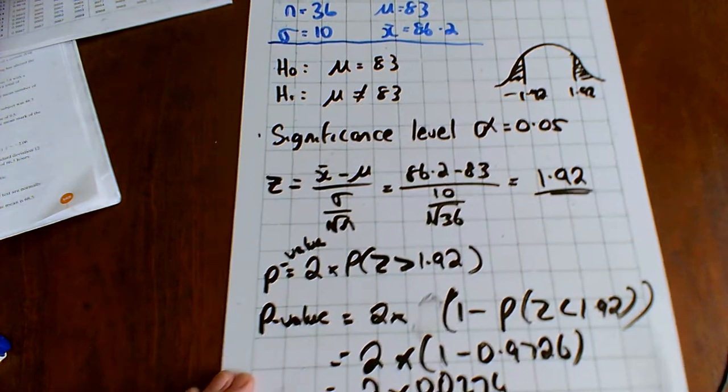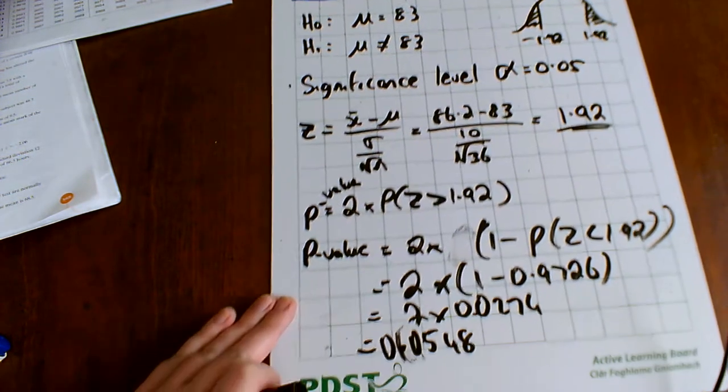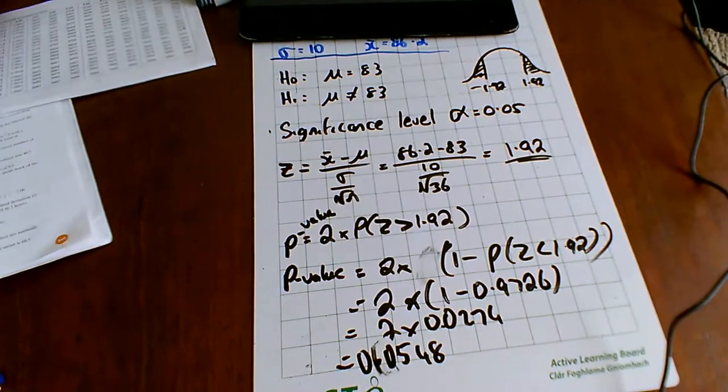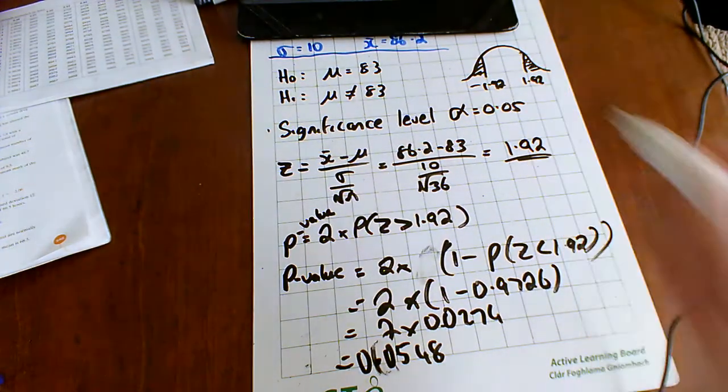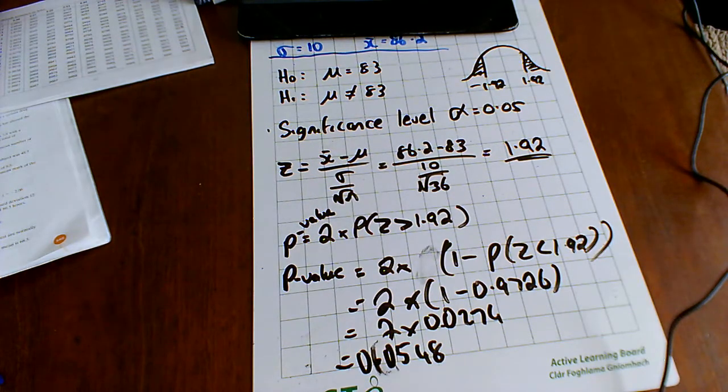Okay. Now the last thing we do is we compare that 0.0548 with our 0.05, and we say whether it's less than it or equal to it.